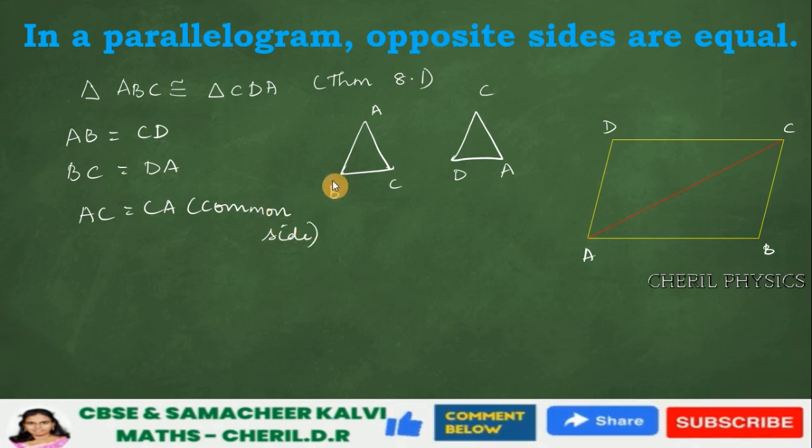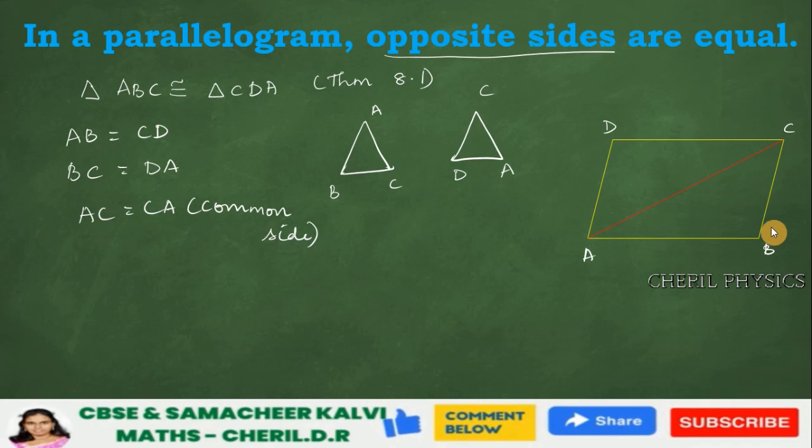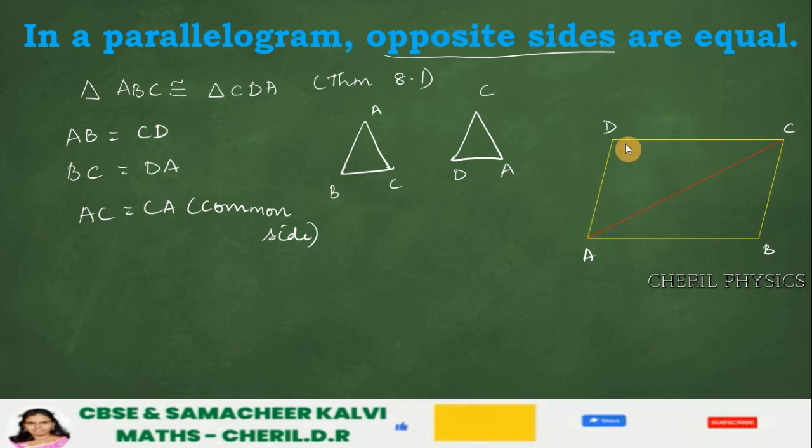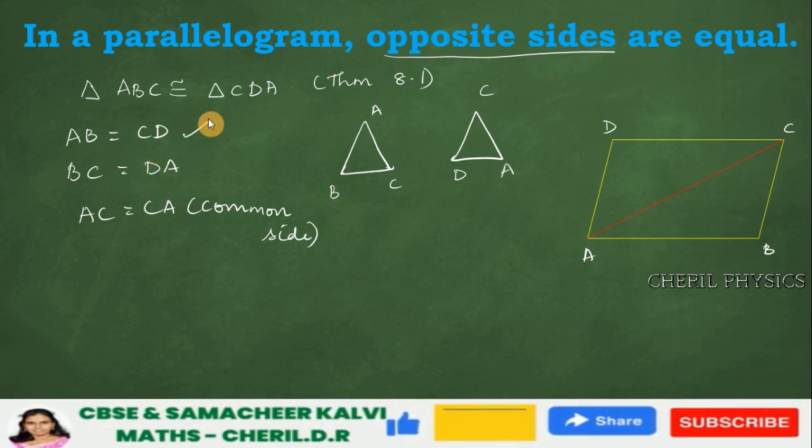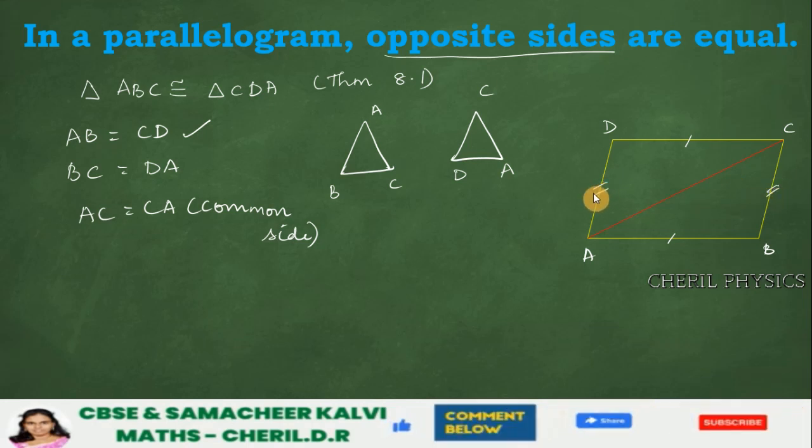So from this what do we see? What are the opposite sides here? For AB, CD is the opposite. Likewise for BC, AD is the opposite. So from this we can say that AB and CD are equal. Likewise BC is equal to AD.